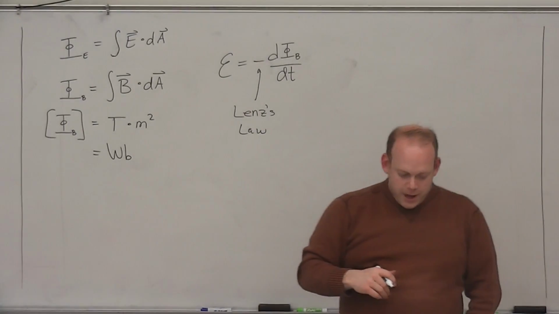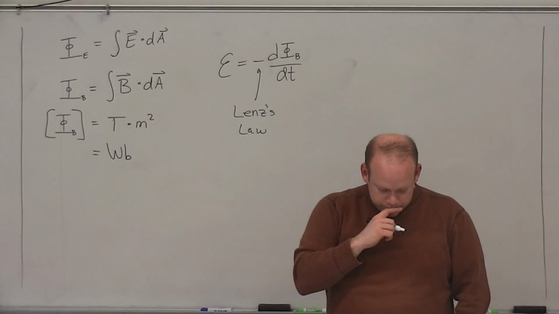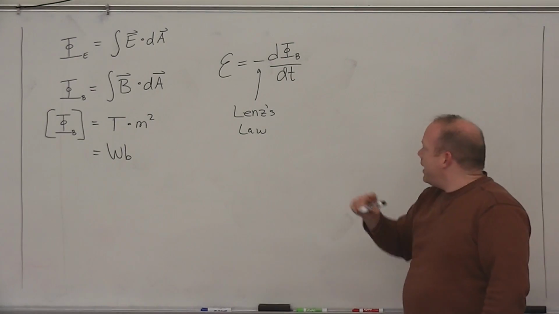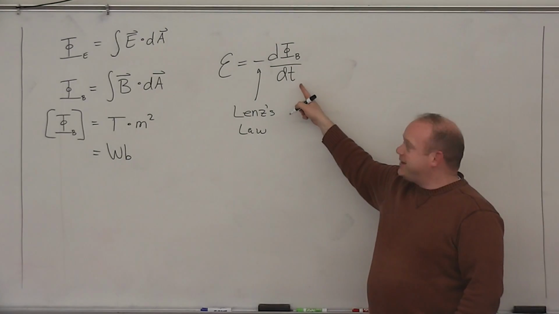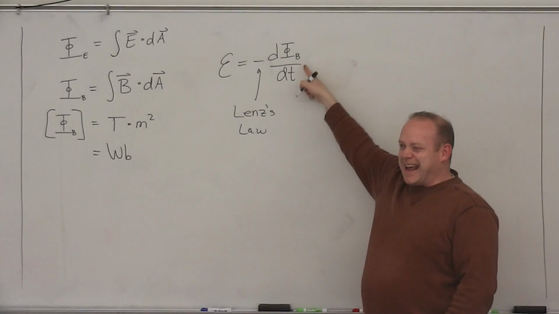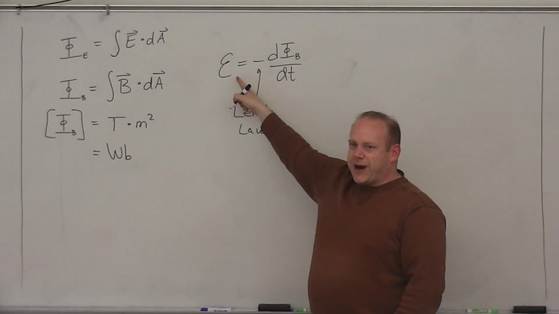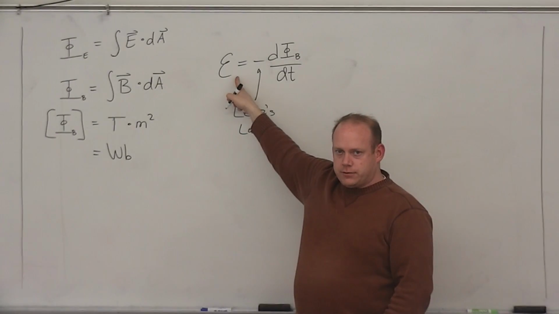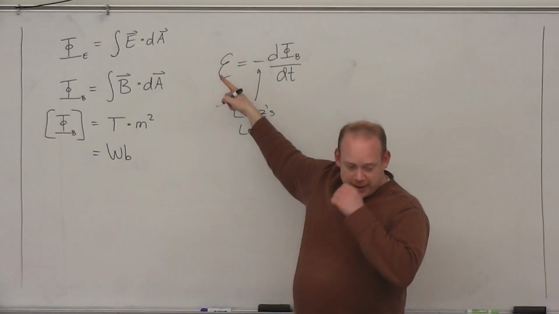Now, what this says is that a changing magnetic flux will create an electric potential, an EMF.